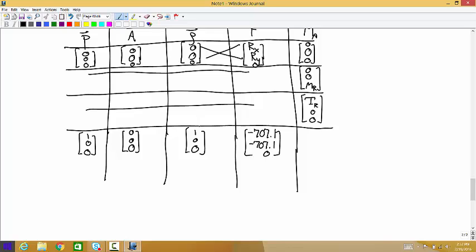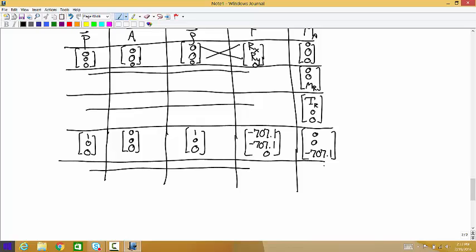And so the cross product is 0, 0, negative 707.1. And then the last load is a couple in the x direction.